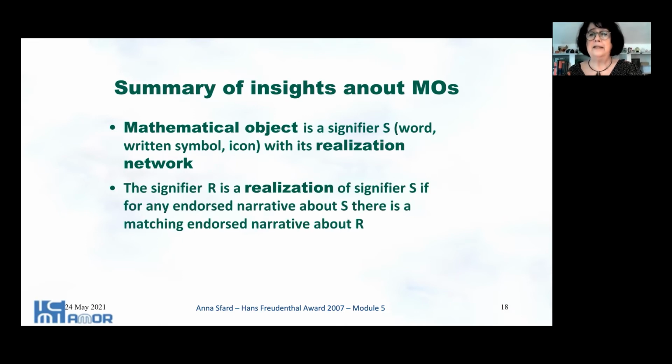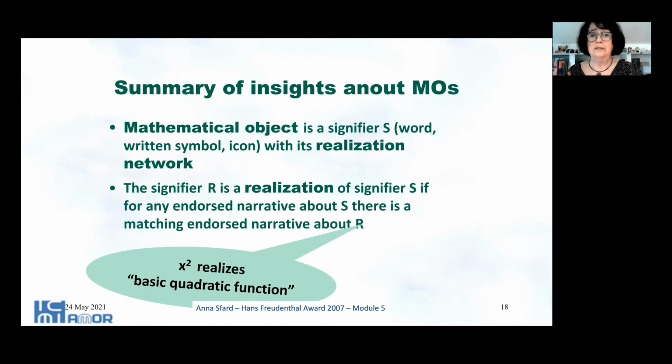Second, we say that the signifier R is a realization of a signifier S if for any endorsed narrative about S, there is a matching endorsed narrative about R. Thus, the expression x squared is a realization of the signifier basic quadratic function. And 3 squared is a realization of x squared.